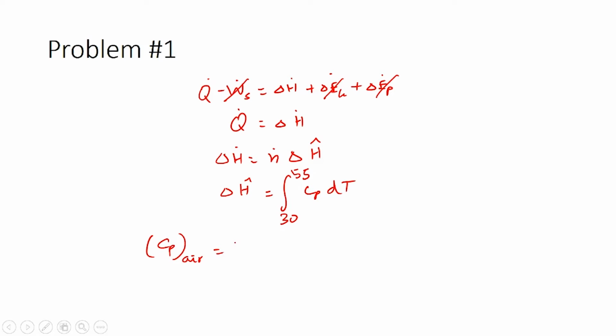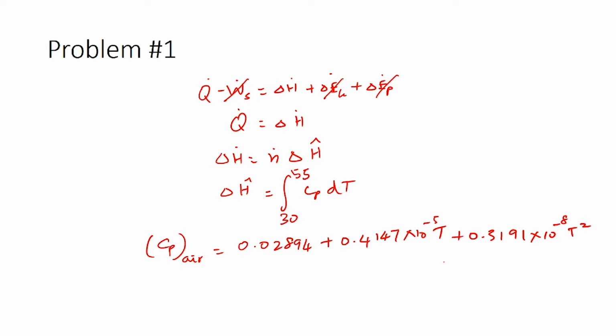So, Cp of air with Celsius as the units would be 0.02894 plus 0.4147 times 10 power minus 5 T plus 0.3191 times 10 power minus 8 T squared minus 1.965 times 10 power minus 12 T cube. Integrating this Cp from 30 to 55, you would get delta H cap value as 0.728 kilojoules per mole.